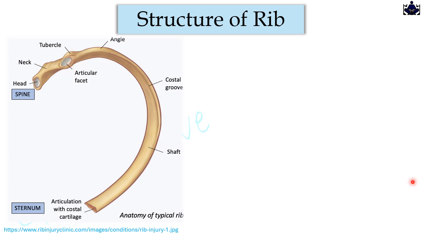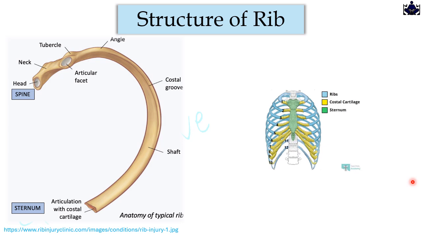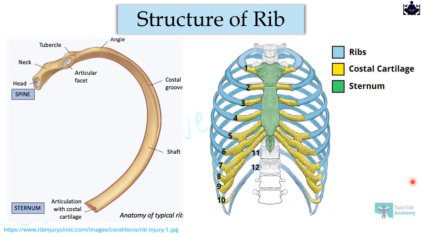Now, in this second image, you can observe that on the ventral side, ribs are attached to the sternum through cartilage. This is the sternum, and the ribs are attached to the sternum with the help of cartilage. This cartilage is called costal cartilage.